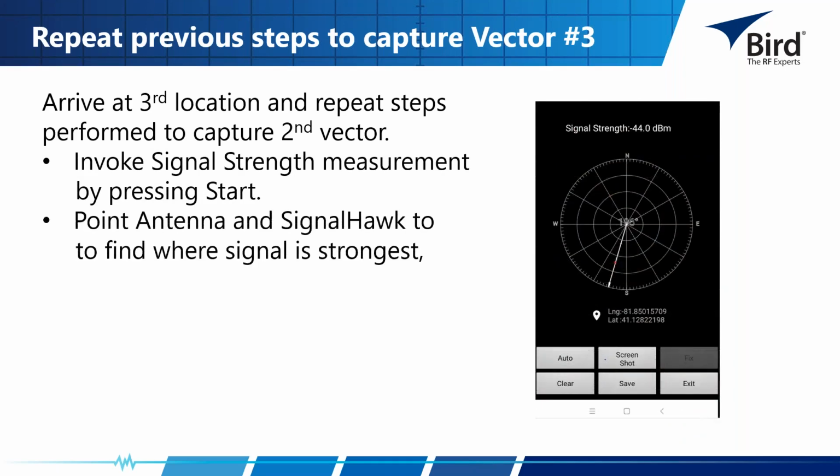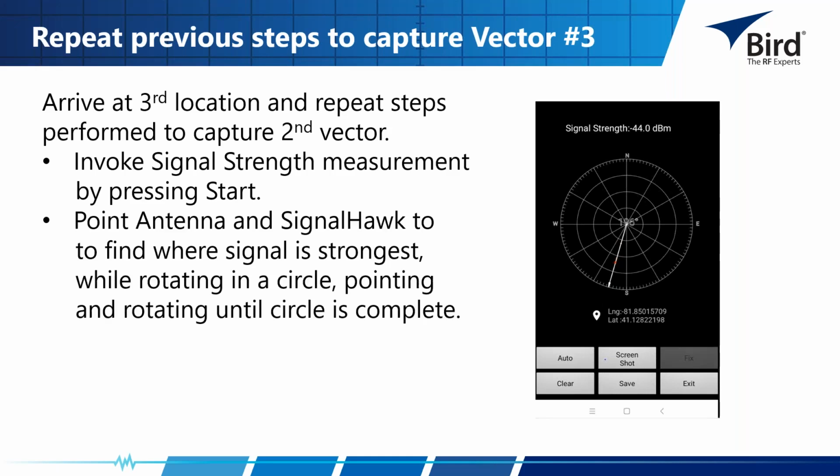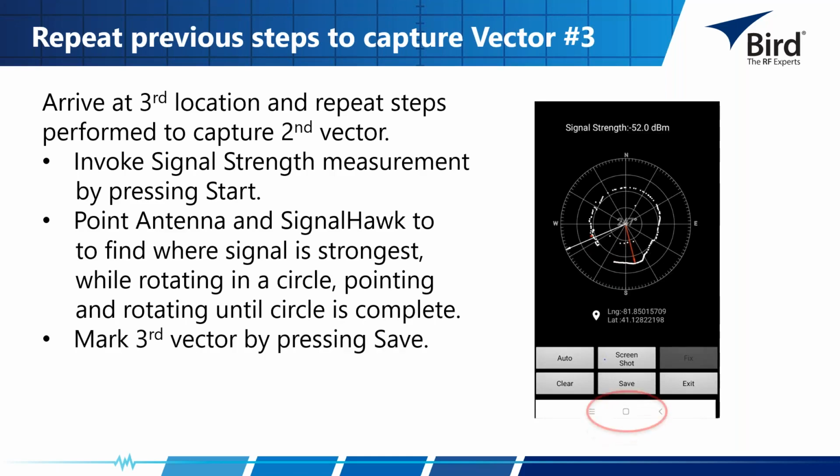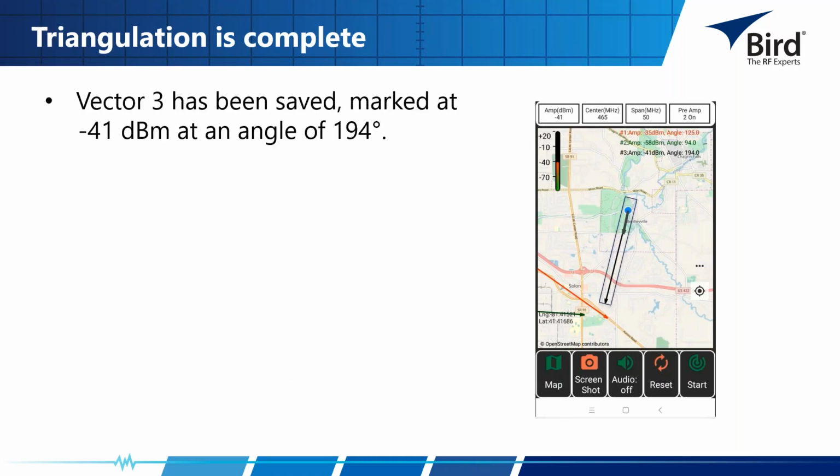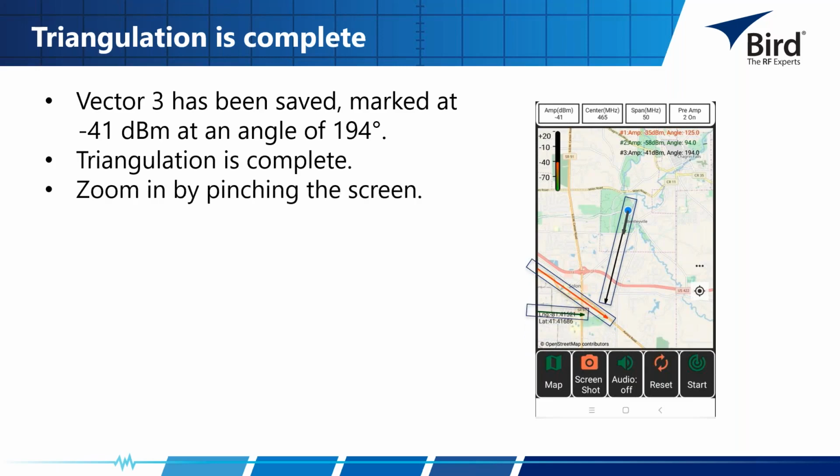Point the antenna and SignalHawk to find where the signal is strongest, while rotating in a circle, pointing and rotating until the circle is complete. Mark the third vector by pressing save, and then save the screenshot if you like. And vector 3 has been saved, marked at -41 dBm at an angle of 194 degrees. So now our triangulation is complete.